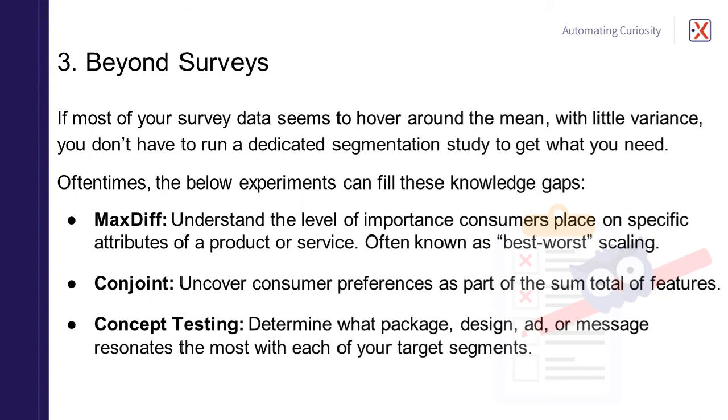And that is the scenario where you end up with the average being 7.5 to 8, and there is no differentiation. Max-diff, for those who are not familiar with max-diff questions and experiments, is all about understanding the level of importance consumers place on specific attributes of a product or a service, and those are familiar to many as best-worst scaling.